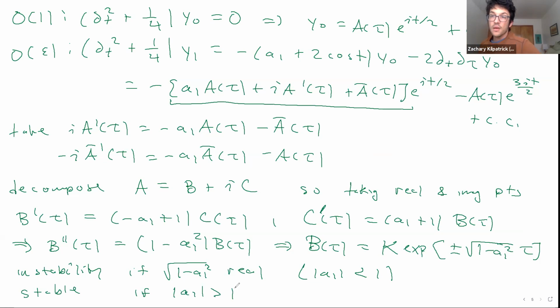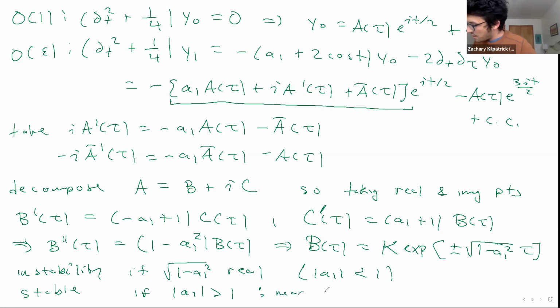So what does this do for me? It starts to sketch out this polynomial that's going to describe the boundary between the stable and unstable regions in the a-epsilon plane.